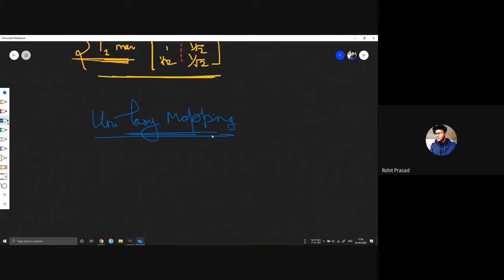Why would we be looking for this one? It has some unique properties. The first one is, if we write this unitary mapping in matrix form, its conjugate transpose will be U inverse. So you can write U conjugate transpose U is equal to U into U conjugate transpose is equal to identity.